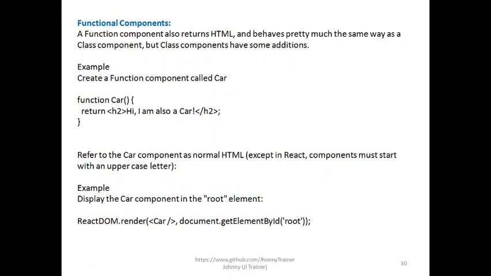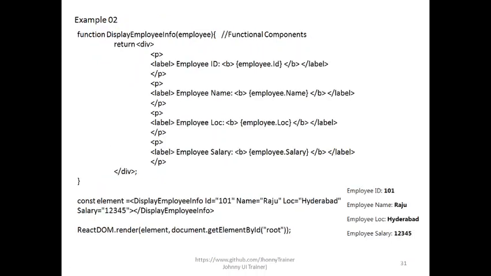Let me check the next example. Now in this example he has taken an employee. In our example we have taken student as a function component. Now in this we are passing employee ID, employee name, location and salary, and we are trying to pass the same values, 101 Raju Hyderabad and 12345.